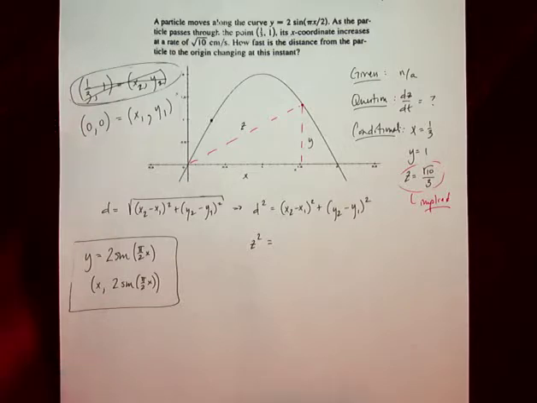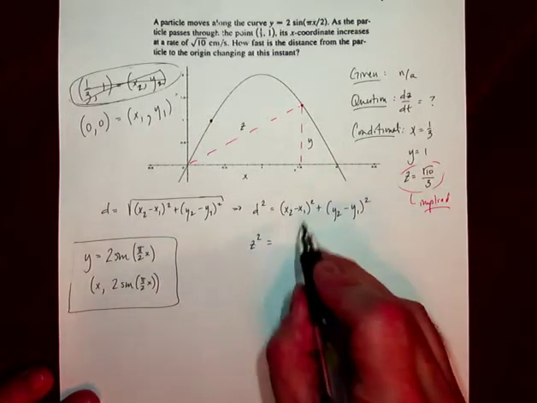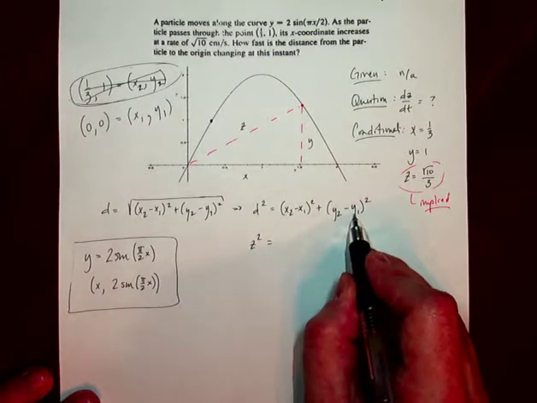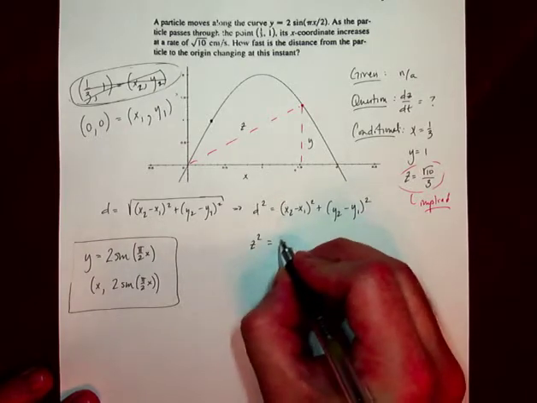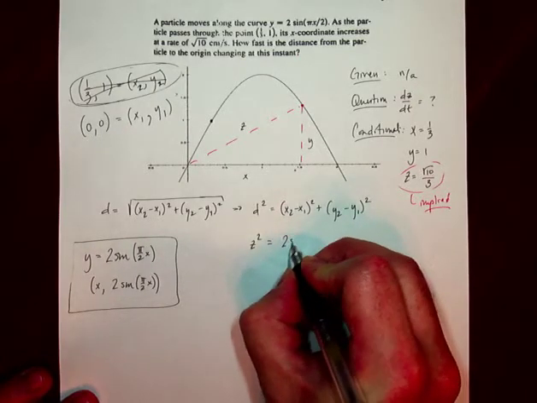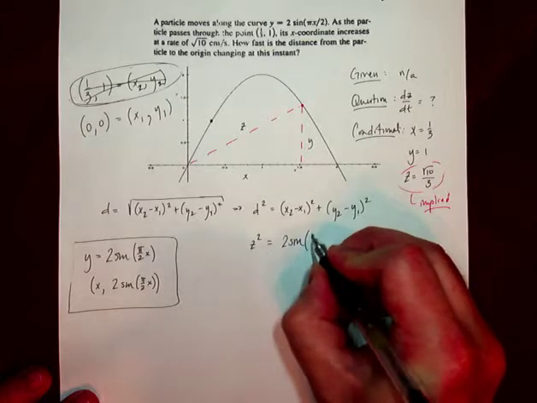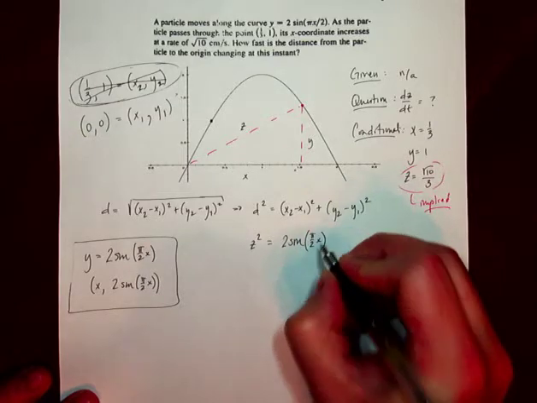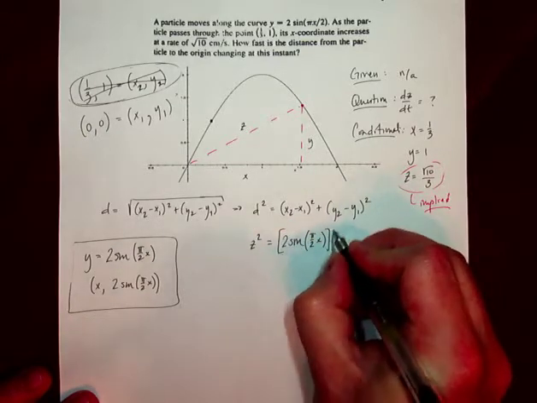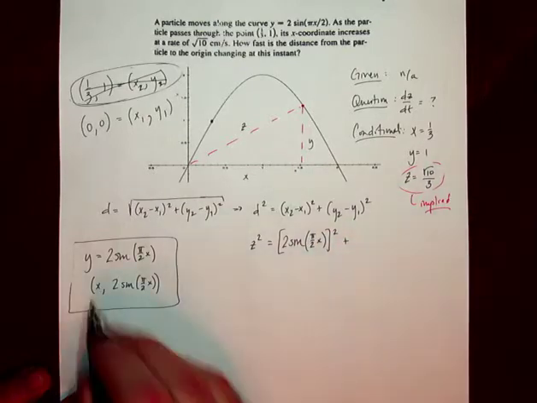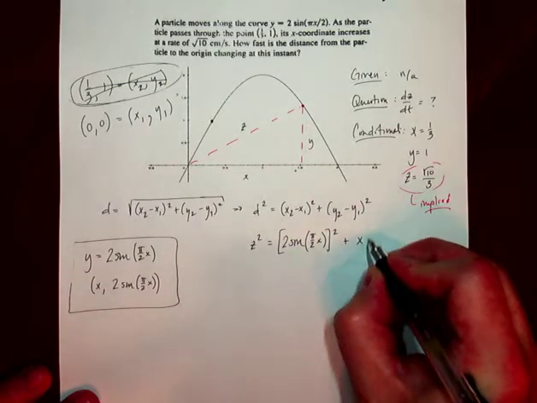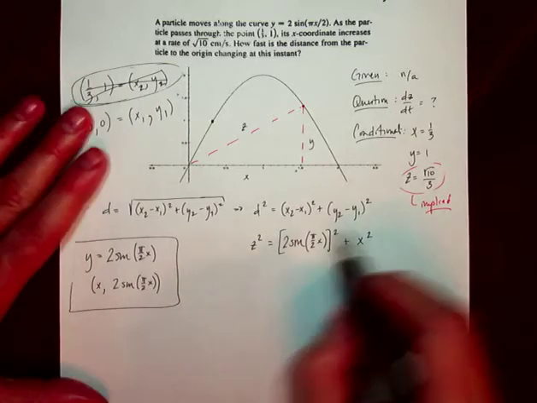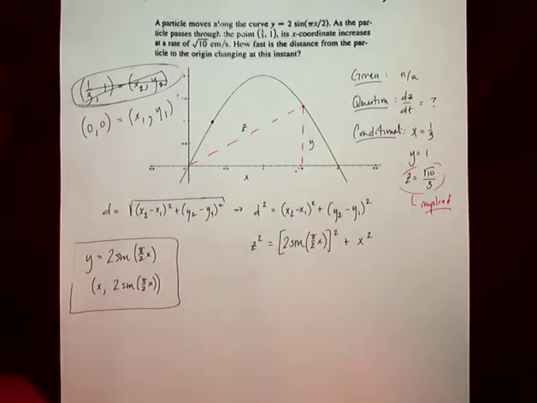Okay, well that's kind of neat. And especially since x1 and y1 are both going to be 0, really you're just taking 2 sine(pi over 2 x) and you're squaring it. And then you're taking the x-coordinate and you're squaring it. Sorry, I did that backwards. This is the y-coordinate, this is the x-coordinate. But, you know, addition is commutative.